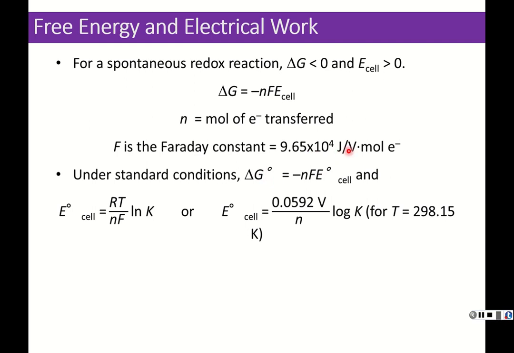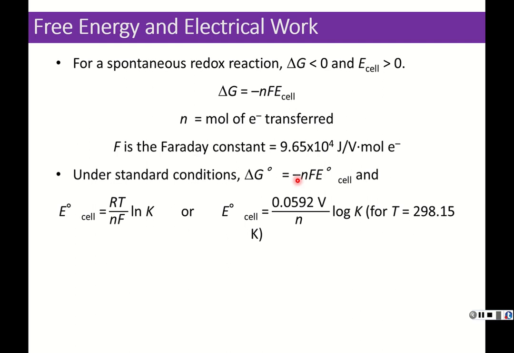Okay. We can also relate this to the equilibrium constant. If we plugged in the expression for the equilibrium constant with respect to delta G, what we'd get is RT ln K over NF if we solved for cell potential, right? So we'd be multiplying or dividing by negative NF.